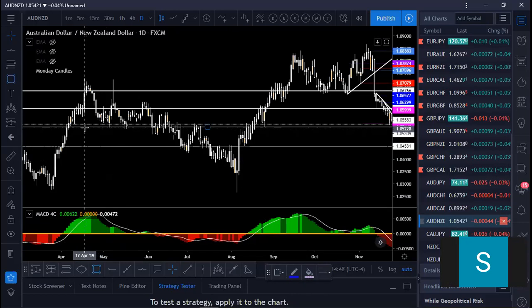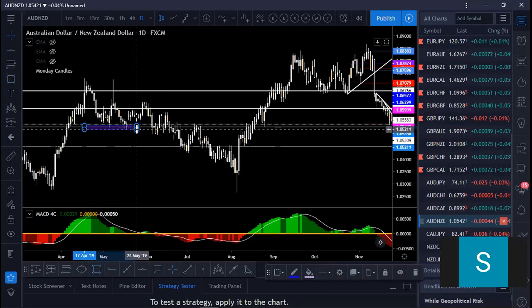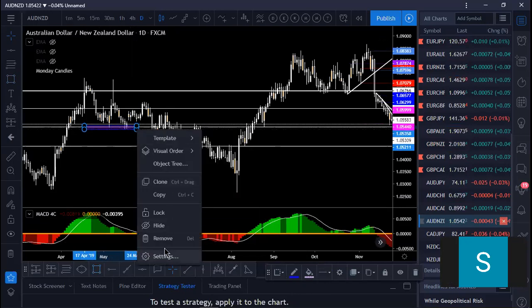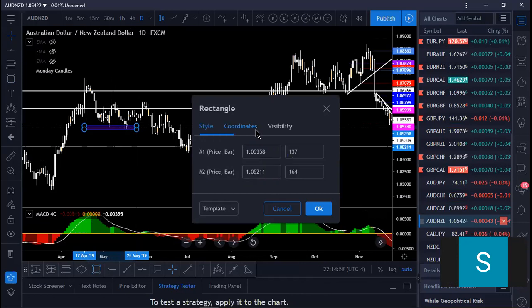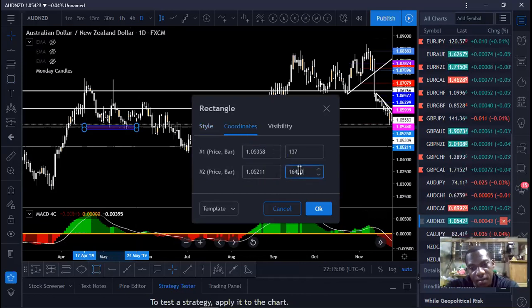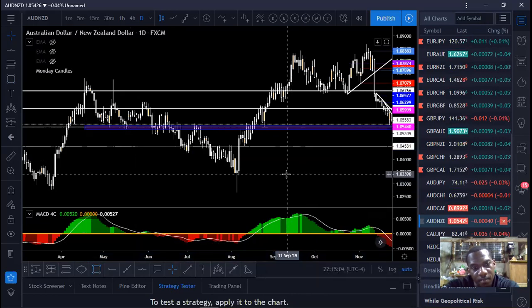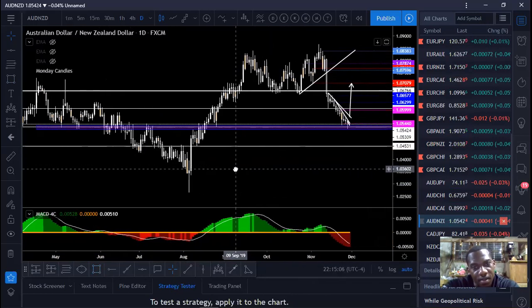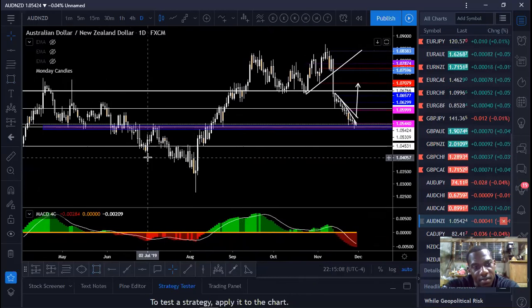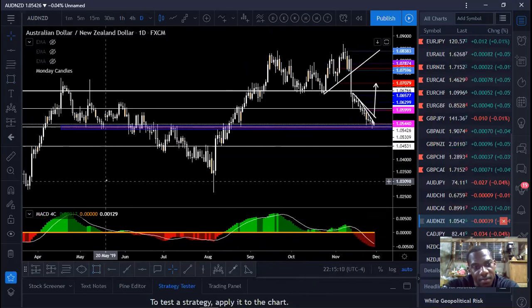So you've got structure there straight across. If you look at it, it's a structure zone. Nice structure on there.